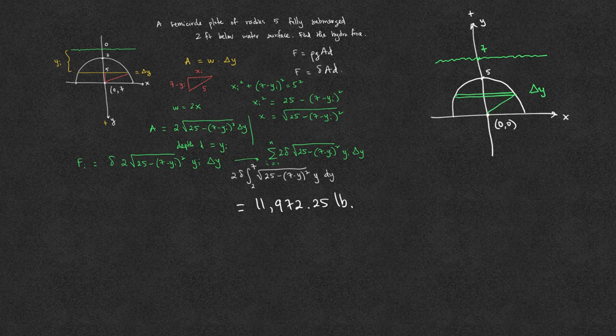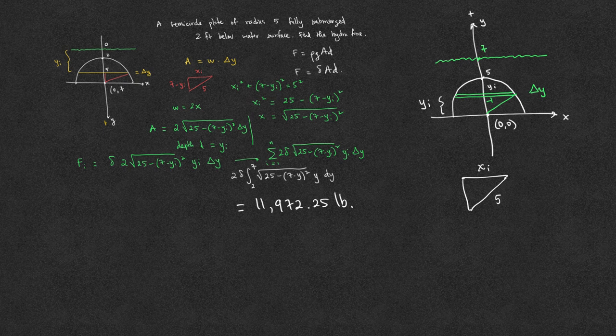Using the right triangle still. With this right triangle, the hypotenuse is still 5, which is the radius of the circle. We label the horizontal leg x sub i. This time though, where we slice it is y sub i, and so the vertical leg is no longer 7 minus y sub i, but it is y sub i.